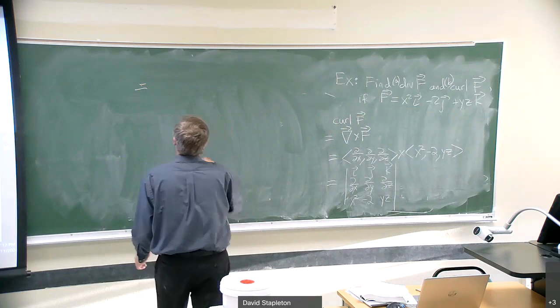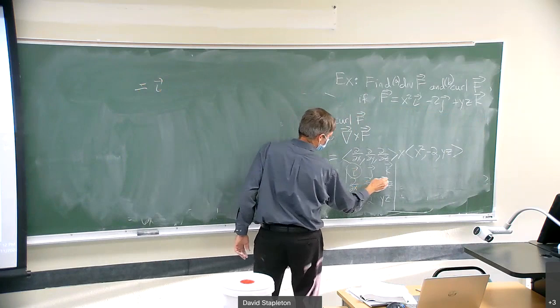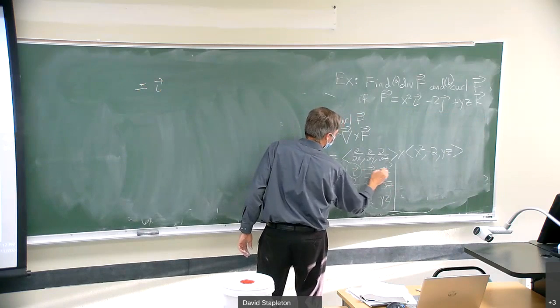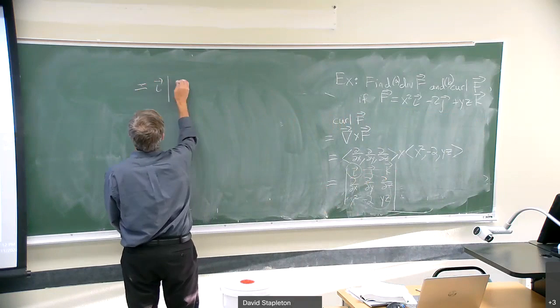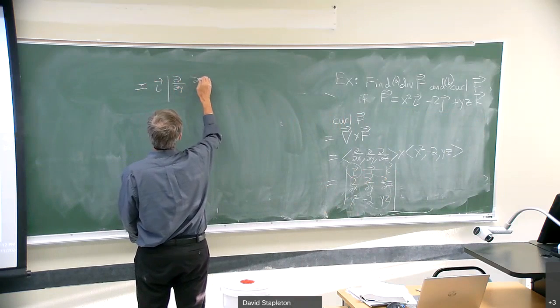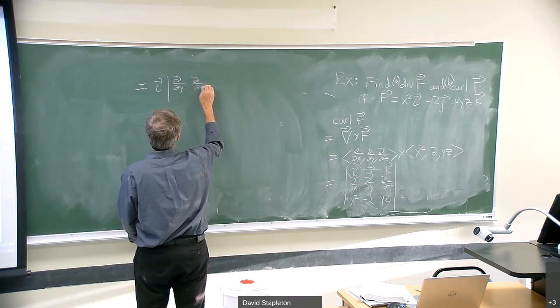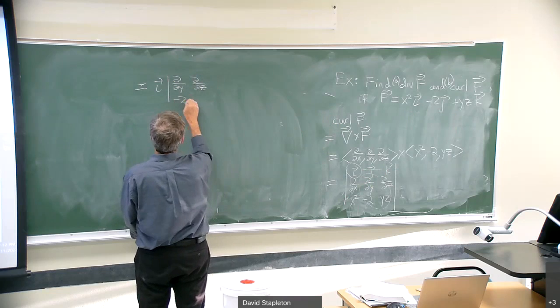So now, remember how to compute determinants. You take this one times the subdeterminant got by wiping out its row and column here. So it's i times the determinant of ddy, ddz, minus 2, yz.